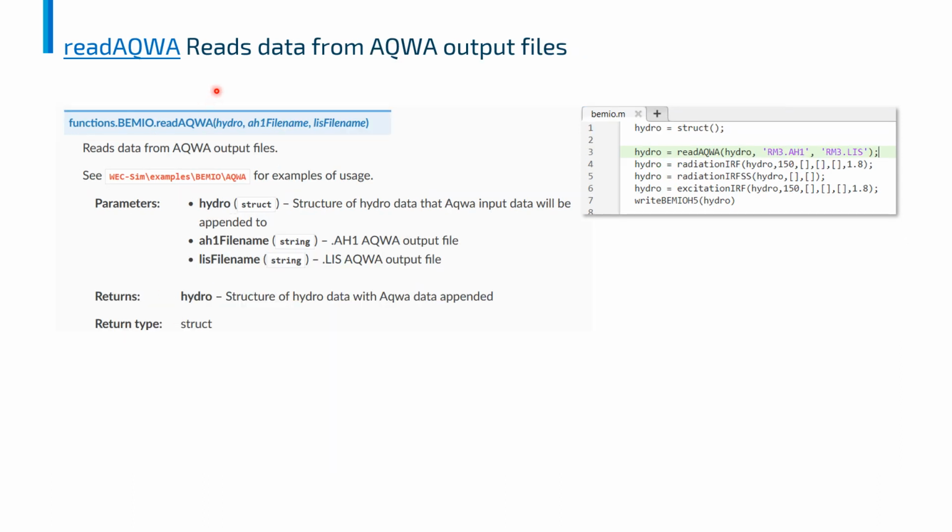We also have a function for AQWA. This function reads data from AQWA output files. It has a similar implementation as well. You need to define first your hydrostructure, and you need to define two file names: the .ah1 AQWA output file and the .lis AQWA output file.